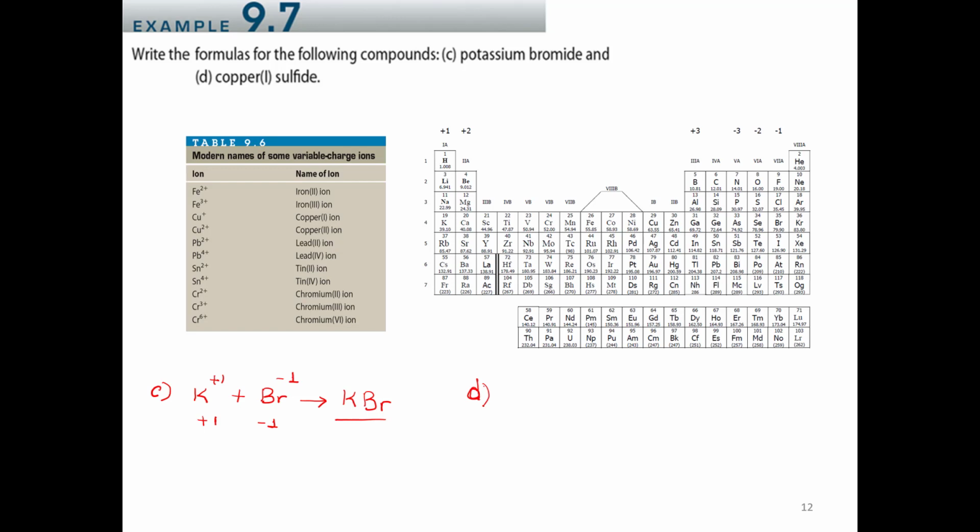For part D, we have copper. Because the Roman numeral inside the parentheses is 1, we know the charge for copper is +1. Plus sulfide. In the case of sulfide, the charge is -2, because it belongs to column number 6.